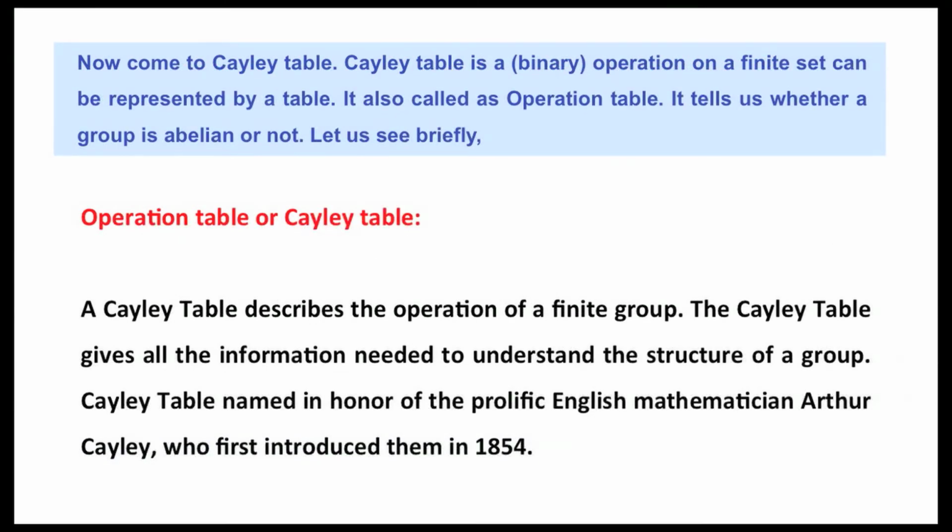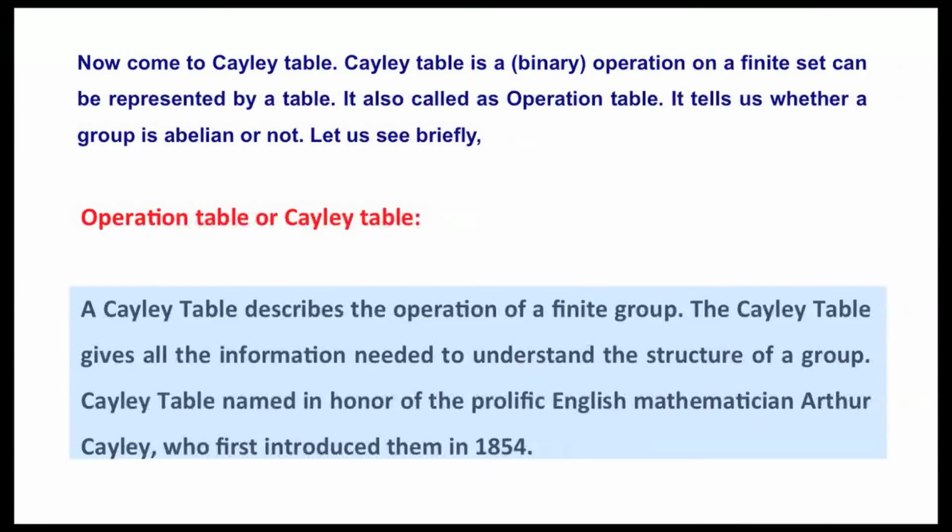Now come to Cayley tables. A Cayley table is a binary operation on a finite set that can be represented by a table. It is also called an operation table. It tells us whether a group is abelian or not. Let us see briefly the operation table or Cayley table.